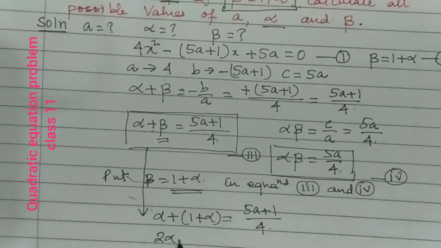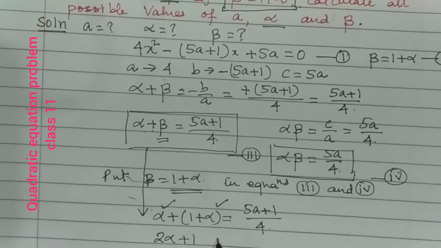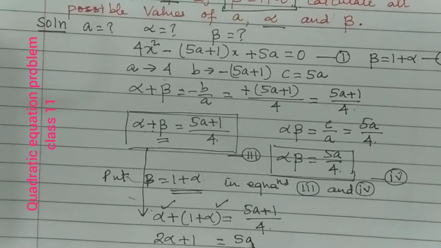So 2 alpha plus 1, this alpha and alpha, 2 alpha and then plus 1 is equal to (5a plus 1) divided by 4. So 2 alpha is equal to (5a plus 1) divided by 4 minus 1.